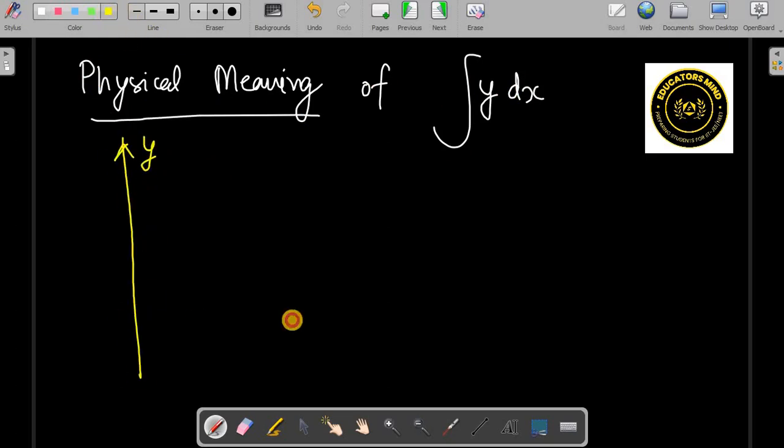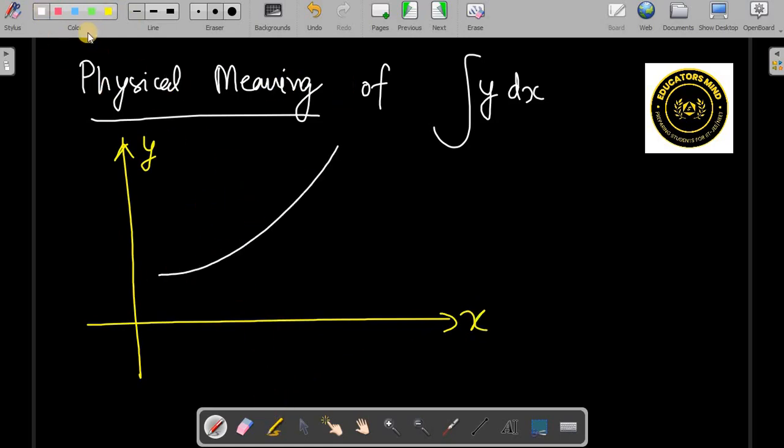Let's say this is the xy graph. x and y can be any quantities. Let us say the graph is like this. Okay, it is a function. Let us say there are two values of x I am taking. Let's say this is x equal to x1 and this is x equal to x2.